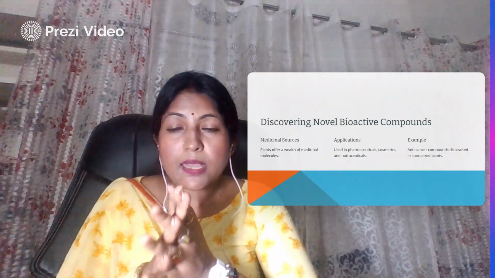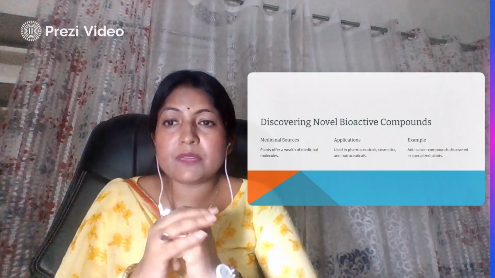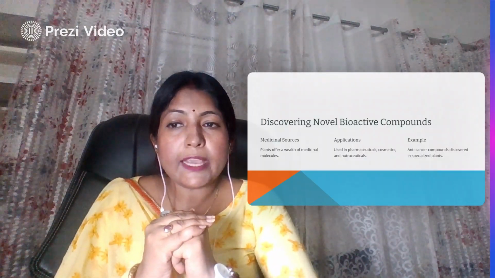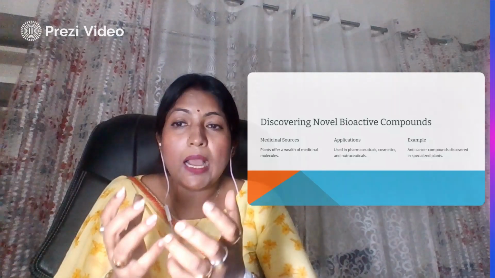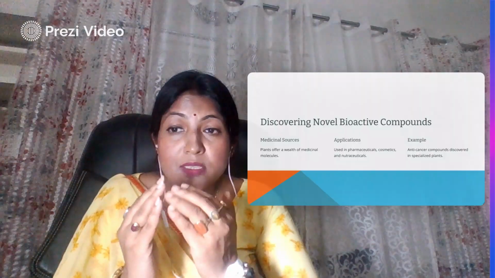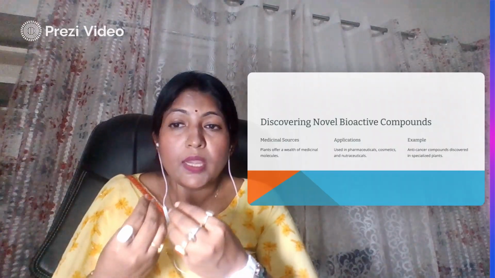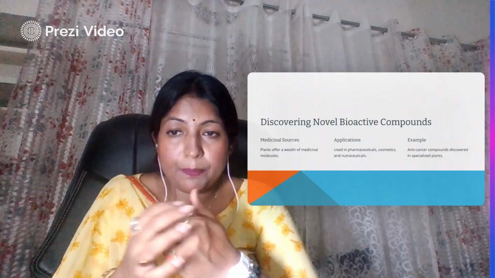Plant physiology is highly useful in discovering novel bioactive compounds because it helps us understand how plants produce secondary metabolites, chemicals that are not essential for basic growth but are vital for defense, signaling, and adaptation.